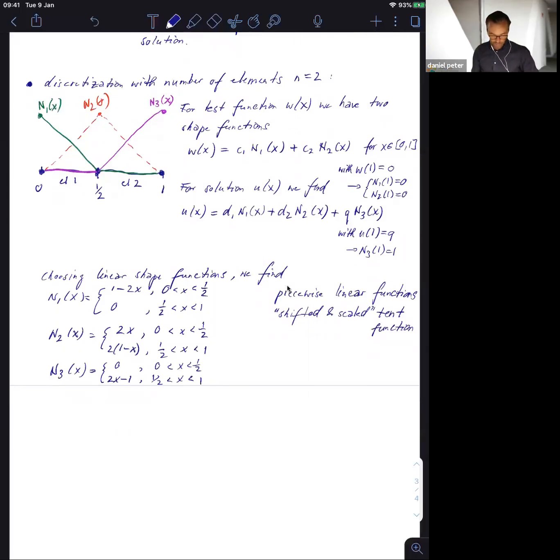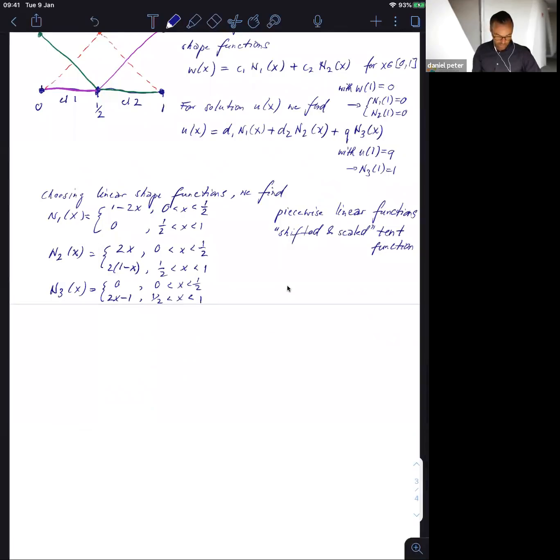So what we can write basically as a general expression for these sort of basis functions. In general, we can write this as nk of x is x minus xk minus 1 divided by xk minus xk minus 1 for x in this range from xk minus 1 to xk.